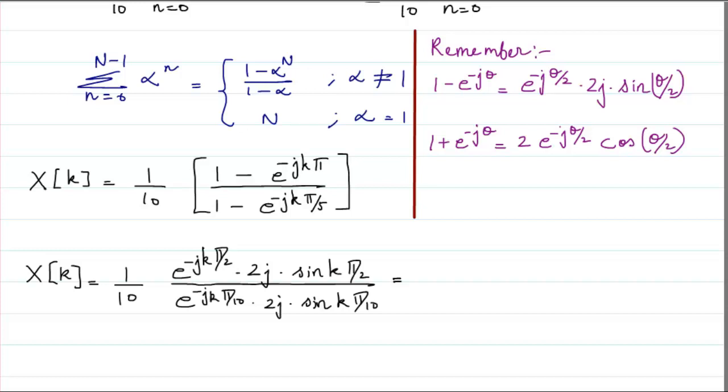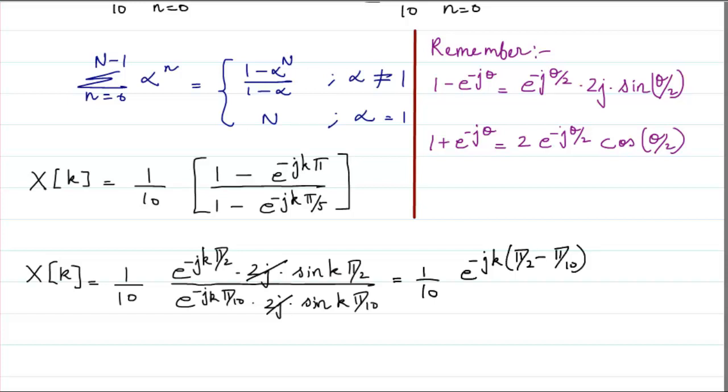which now simplifies as 1 by 10. 2j and 2j will cancel. Okay, and e raised to power minus j k pi by 2, I can write it as e raised to power minus j k, and from the denominator, if it comes up, it becomes plus, so I will basically write pi by 2 minus pi by 10.